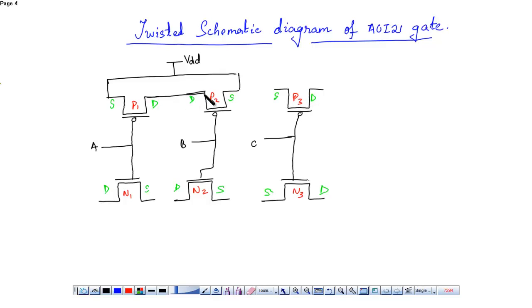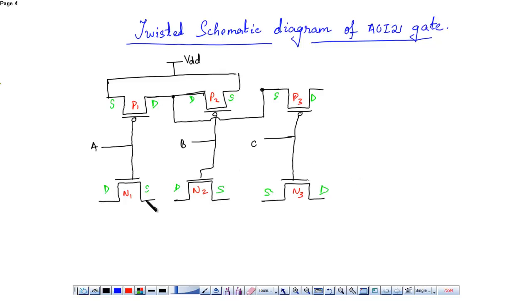Now this common connected drain was connected with the source. Now this drain was connected with this drain.